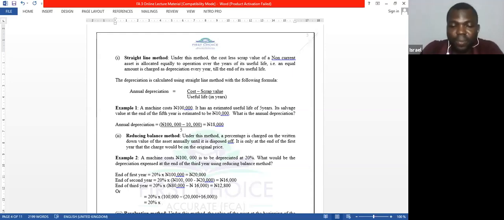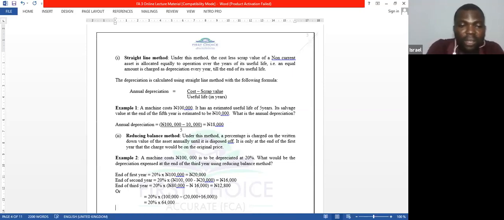Now let's pick our calculator. That's 20 plus 16, which gives us 36,000. Now 100,000 minus 36,000 gives us 64,000, which means our carrying amount here will be 64,000.